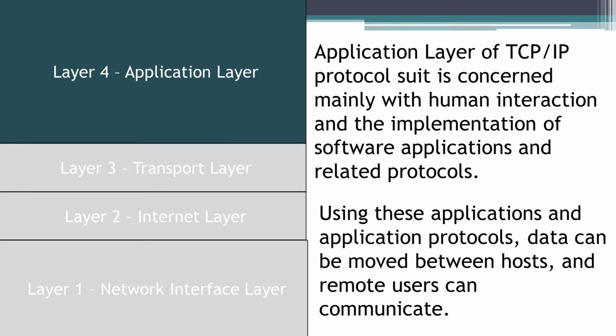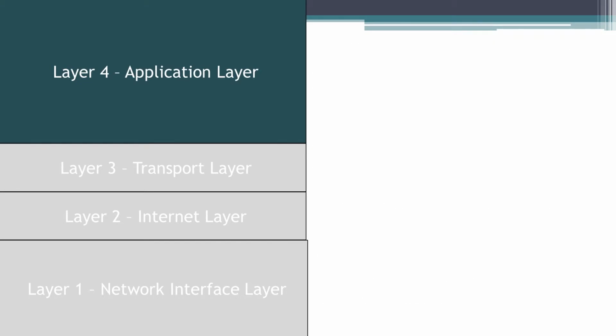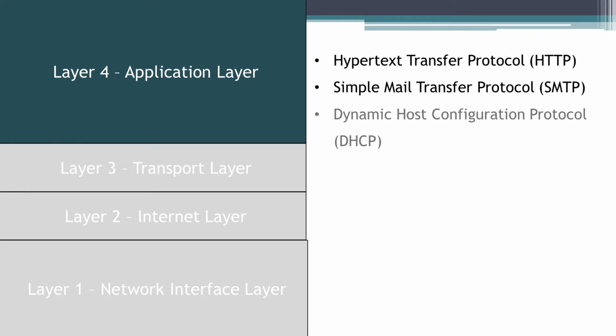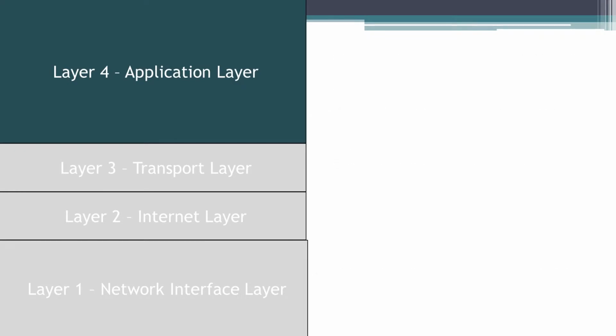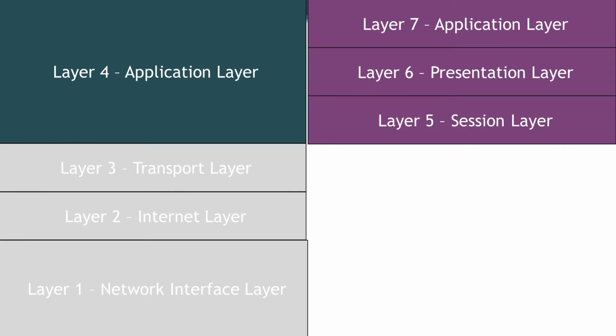These protocols include HTTP, SMTP, DHCP, DNS, SNMP, FTP, and TFTP. As you may have noticed, these protocols coincide with layers 7 to 5 on the OSI model.